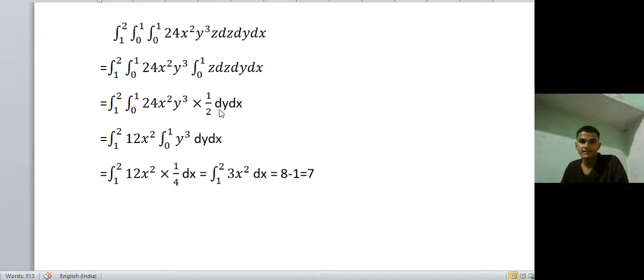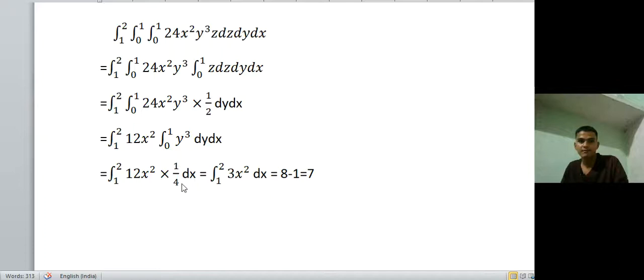Then we'll integrate with respect to y, and this is y cube. The integration of y cube is y to the power 4 by 4, and the limits are 1 and 0. So this is 1 to the power 4 divided by 4 minus 0 to the power 4 divided by 4. 1 to the power 4 is 1, so this is 1 by 4.